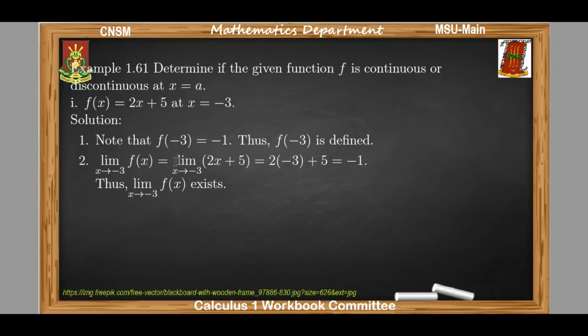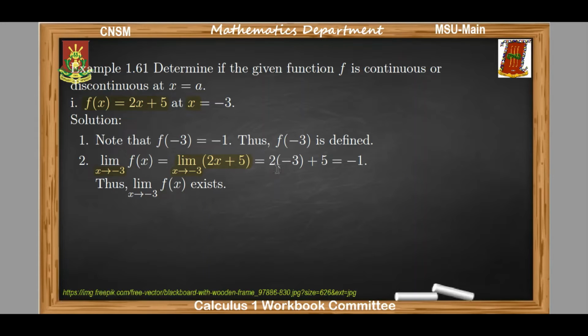So, number 2, limit of function of x as x approaches negative 3, which is this one, the value of x, is equal to limit of 2x plus 5 as x approaches negative 3. This one is mula sa given function na ibinigay sa atin, which is, given na siya.